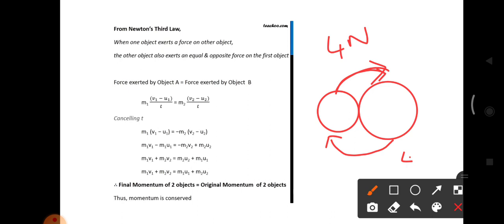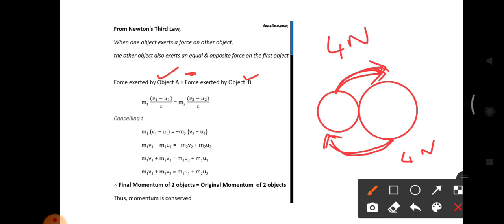Here 4 Newton means here also 4 Newton, but in opposite direction. So the force exerted by object A is equal to minus the force exerted by object B, because the force is in the opposite direction.